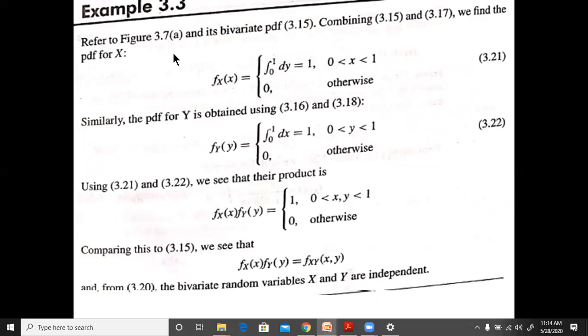Let us take some examples over here. Let us refer to the 3.7a and its bivariate PDF, which is there in 3.15. If we substitute this 3.15 into 3.17, then we'll get the result.